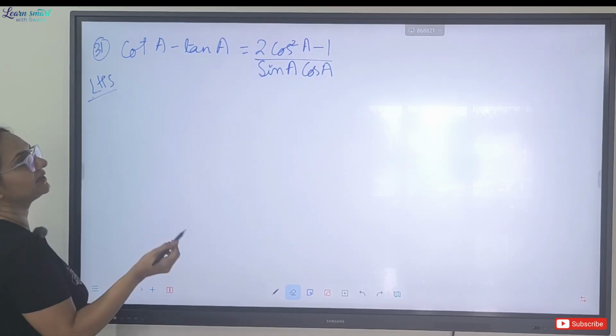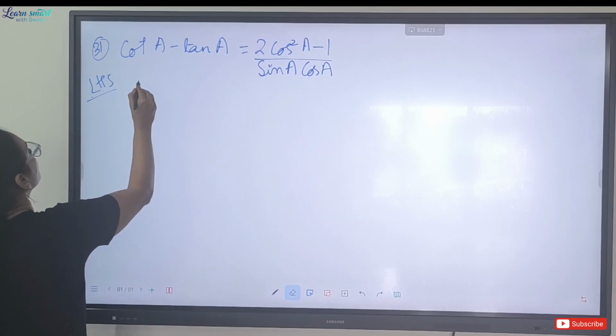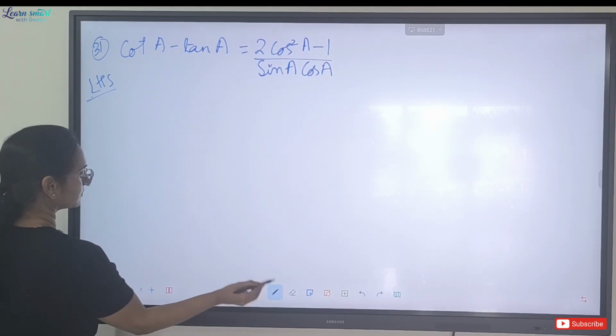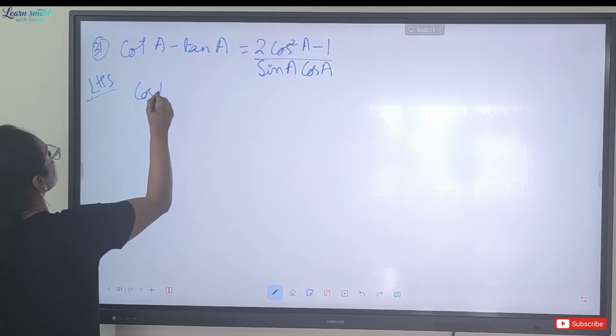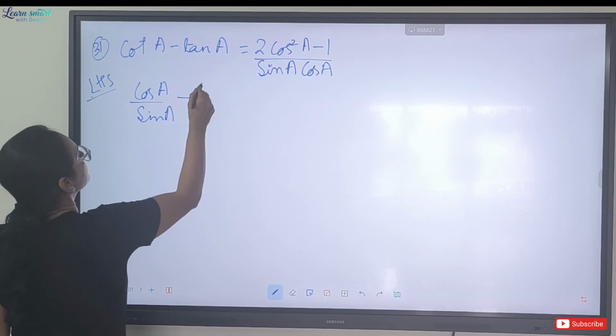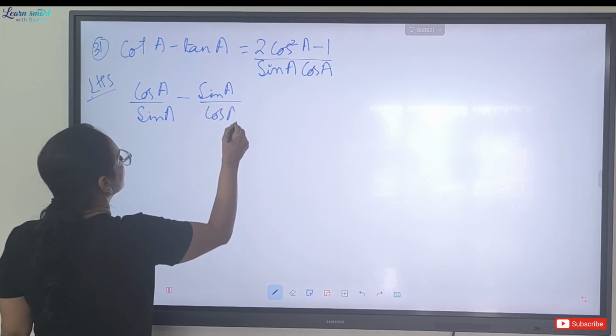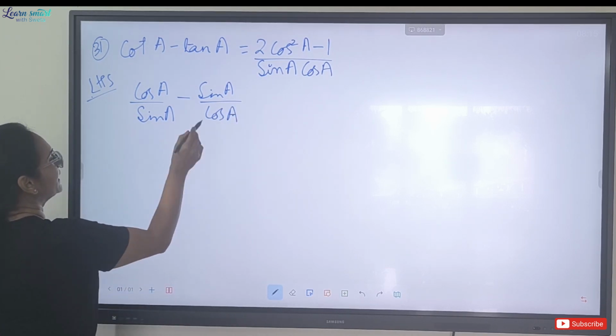For cot A, we will write cos by sin, and for tan, we will write sin by cos. Let's solve. So, cos A by sin A minus sin A by cos A. Next what? We will take LCM.